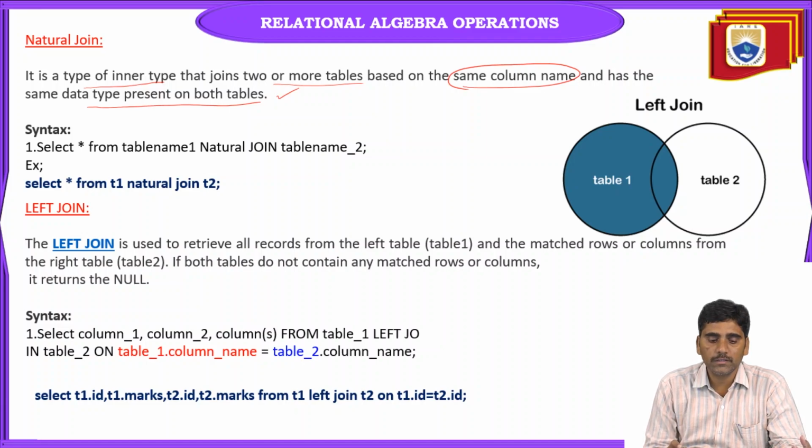To write a natural join: select star from table name 1 natural join table name 2. Here there is no need to specify the condition, because it indirectly takes the condition from the result.